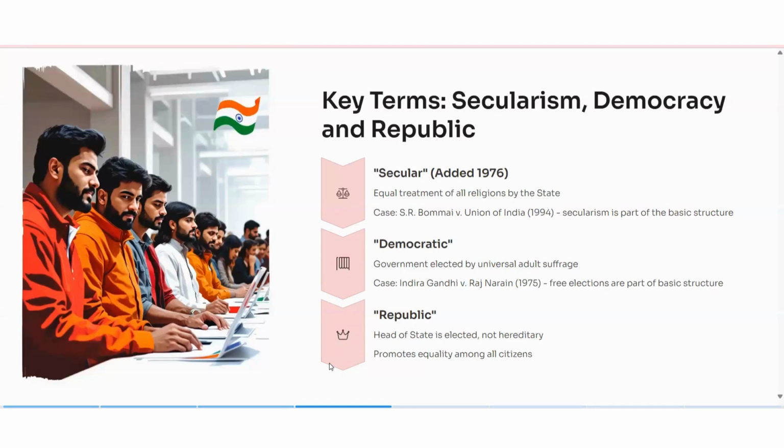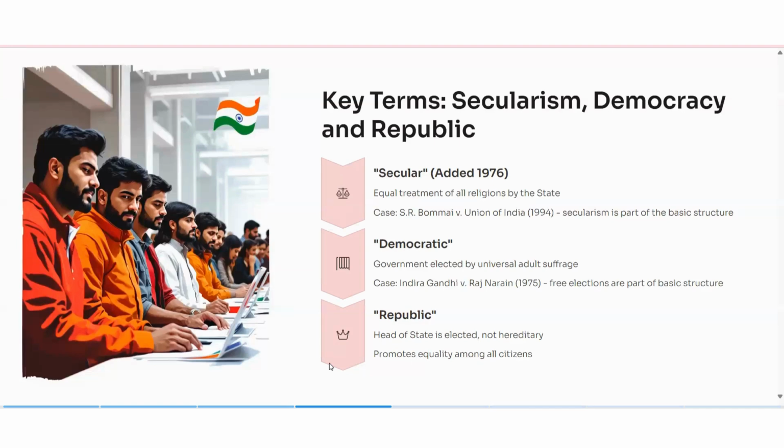In the case of Indira Gandhi versus Raj Narain, which comes from the time when emergency was imposed by the Indira Gandhi government, free elections are part of the basic structure. It was held by the Allahabad High Court, where Indira Gandhi was convicted for following unfair practices during election.